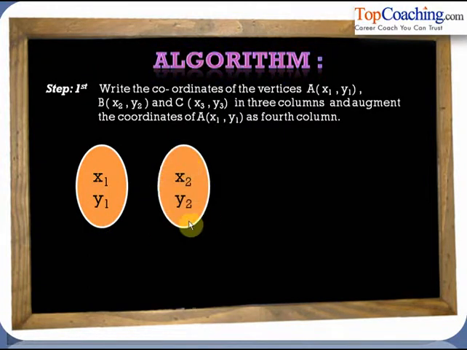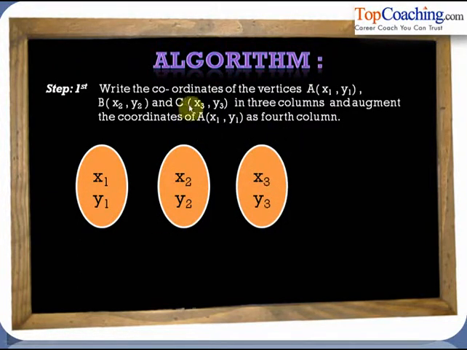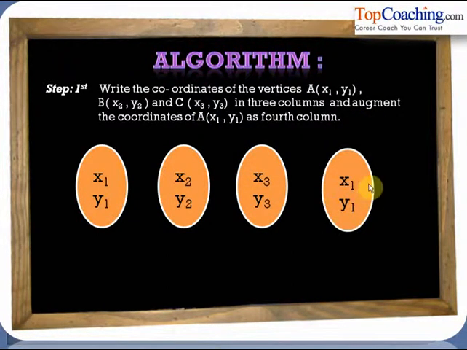In the second column we write the coordinates of vertex B, which is x2, y2. In the third column we write the coordinates of C, which is x3, y3. Also we draw a fourth column in which we again write the coordinates of vertex A. So this represents the coordinates of vertex A, this is the coordinates of vertex B, this is the coordinates of vertex C, and this is again the coordinates of vertex A.